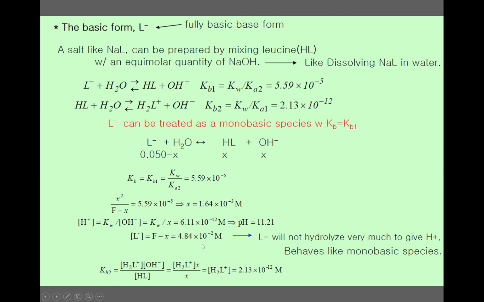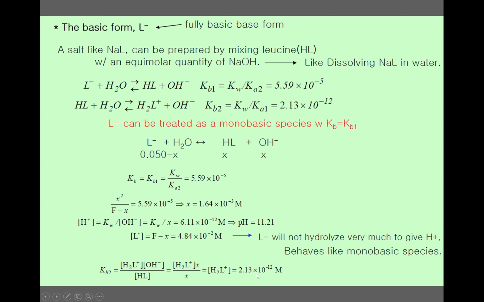And then what is the concentration of the fully protonated form? We can calculate it from Kb2, the second dissociation, using this one, and we get the concentration of H2L plus, which is 2.13 times 10 to minus 12.